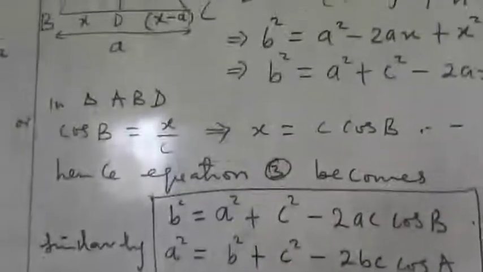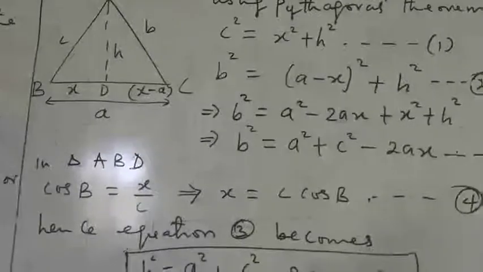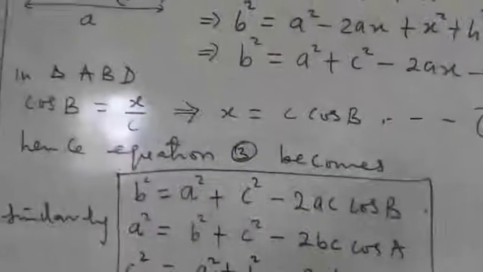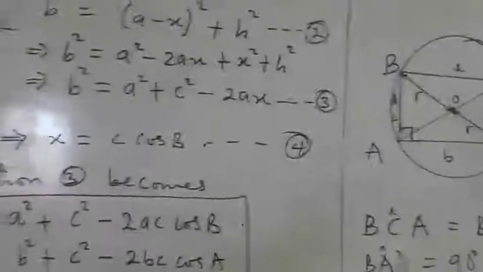So b square is a minus x square plus h square. b square is given as a square plus c square minus 2ax. Let's call that equation 3.